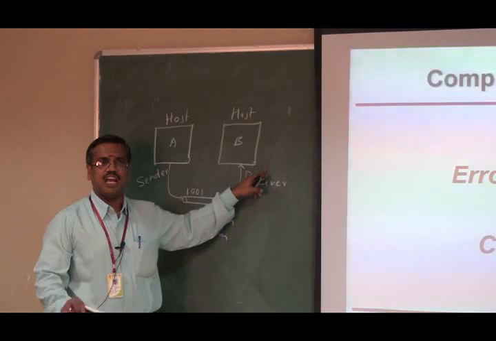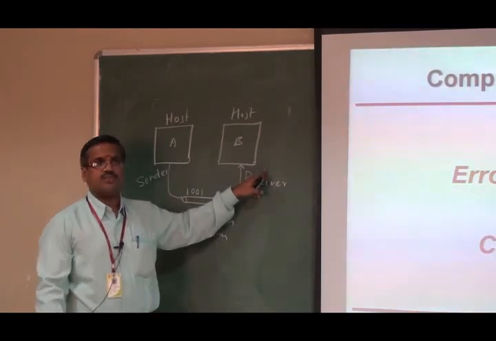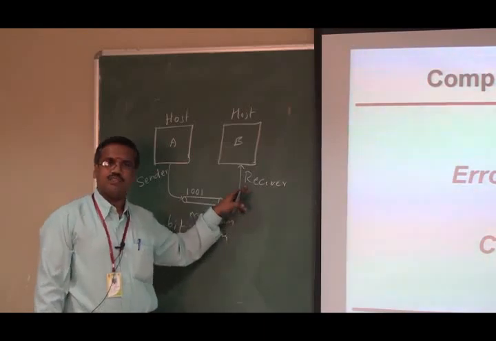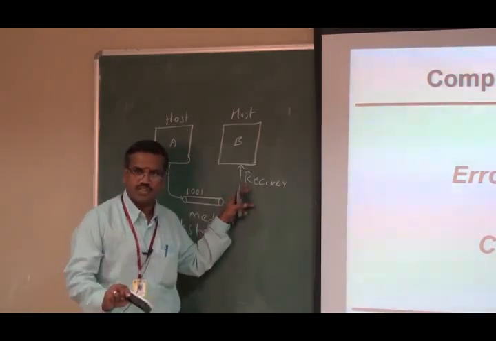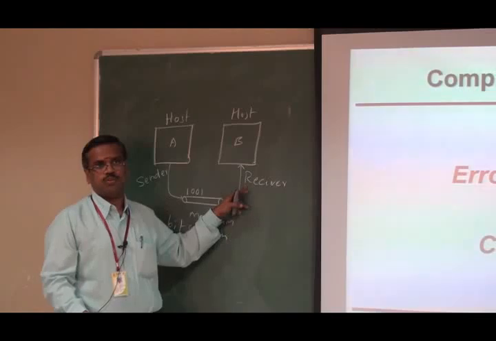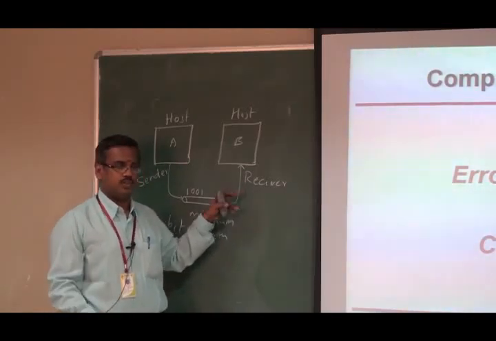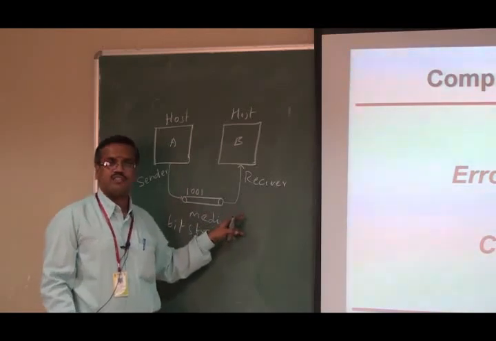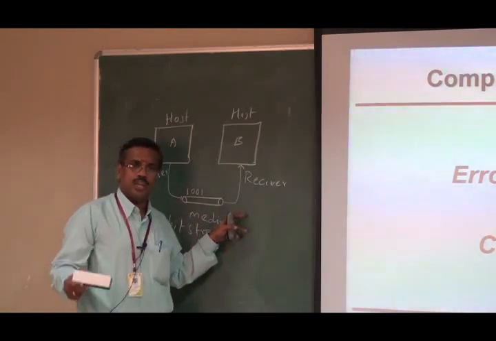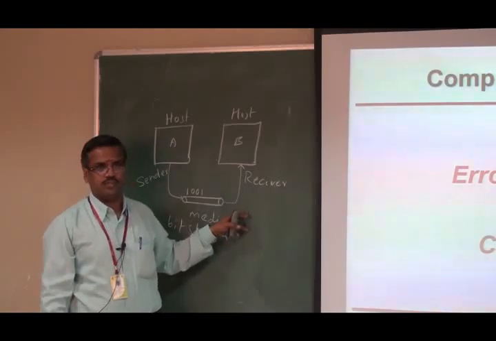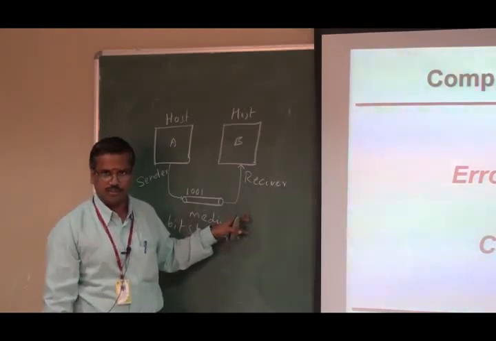Because of that, some analysis is required, whether the received message is correct or the message has any error or not. How is it possible, while the medium carries the signal, to make errors or modify the messages? This question may arise.